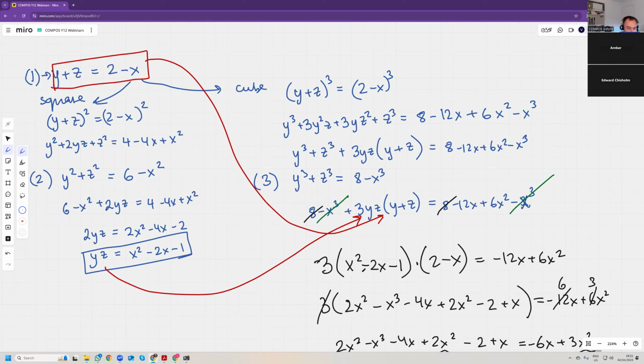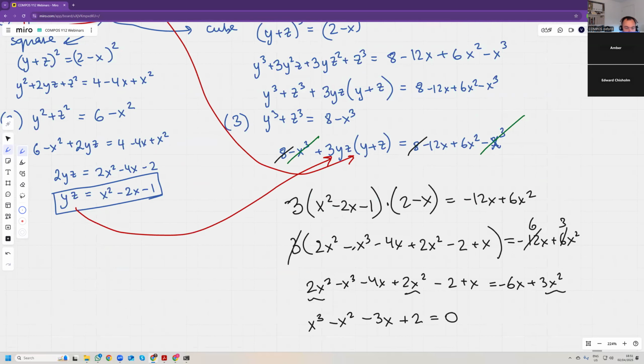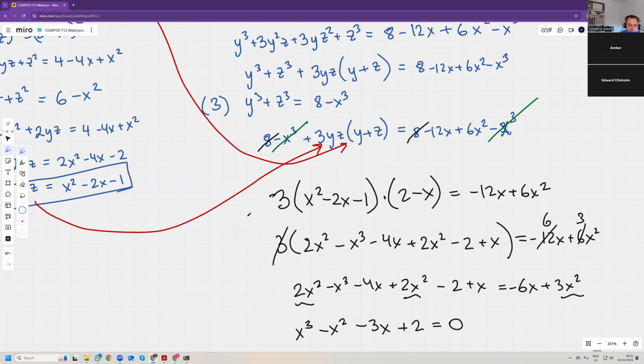Yz is x squared minus 2x minus 1. 2x squared minus x cubed plus 2x squared. Oh yeah, I obviously messed up here.